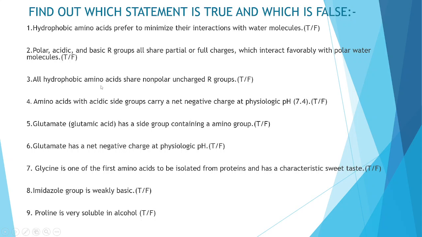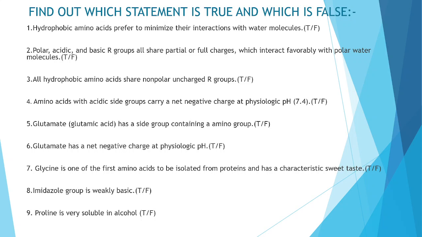All hydrophobic amino acids share non-polar uncharged R groups. Amino acids with acidic side groups carry a net negative charge at physiological pH 7.4.